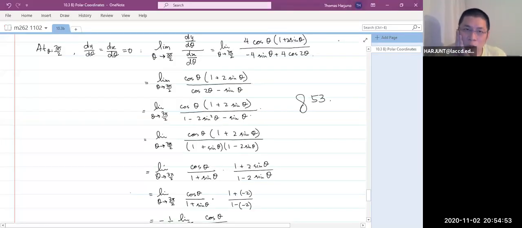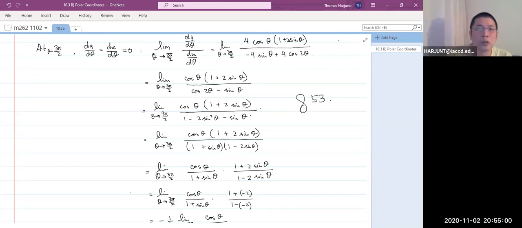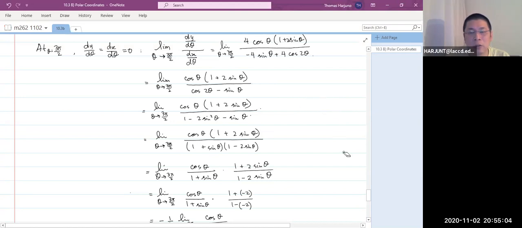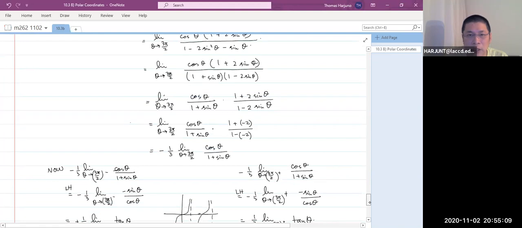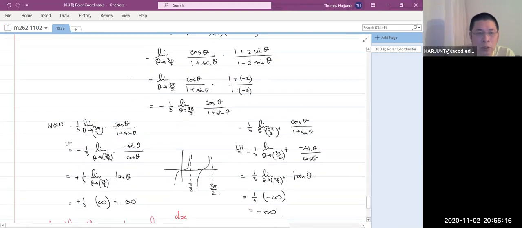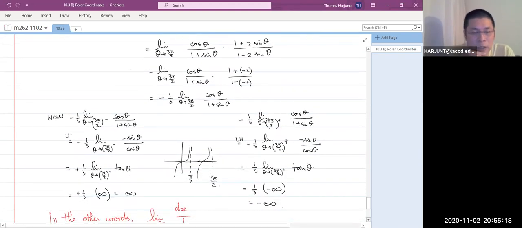So what I did was I tried to find dy dx, and it turns out after doing some algebra and then L'Hopital's rule, I found that if I approach that from less than 3 pi over 2, I get infinity. When I go from greater than 3 pi over 2, I get negative infinity.